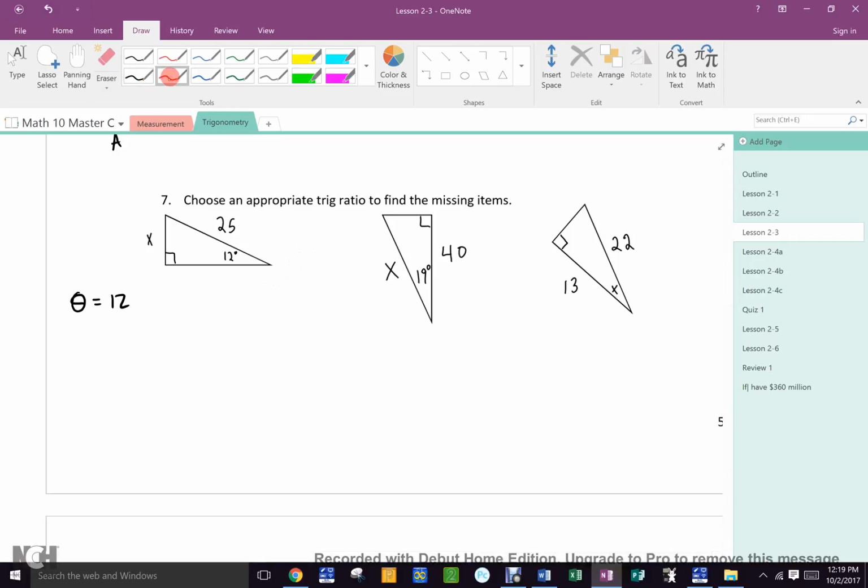But seriously, folks, if this is your theta, what other two sides of the triangle am I dealing with? I am dealing with an opposite, which is x, and a hypotenuse, which is what? Now, the color's a hint. Which ratio are we using?